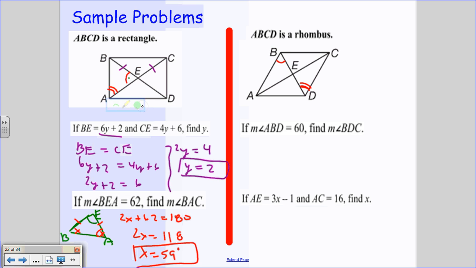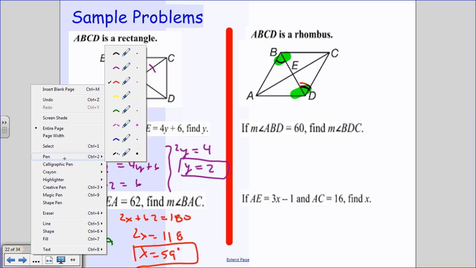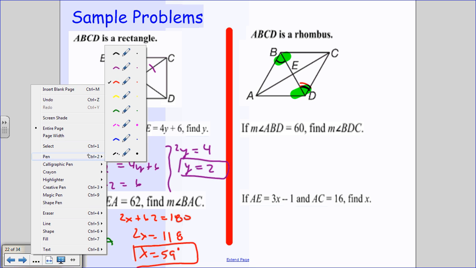And this entire angle here, ABC, is opposite of ADC, so they're congruent. I also know that on a rhombus, the diagonals will bisect the angles.